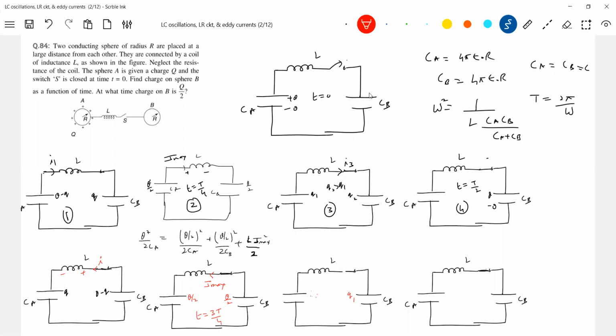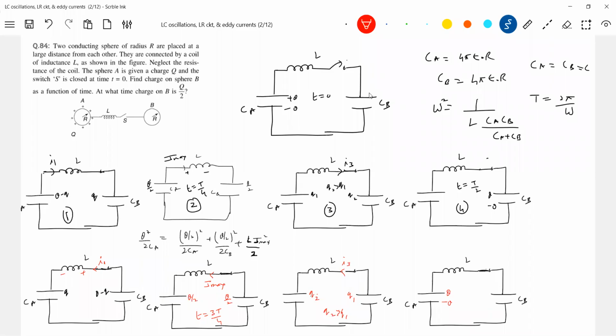Now the charge here will be Q1. It's a similar sequence. Let me repeat. So Q1 greater than Q2, Q2 greater than Q1. This is the I1 we took earlier. Yes, I1. So this is I3. And finally there will be no current in the inductor.